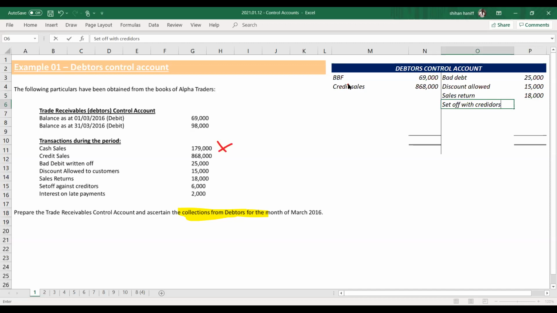When we set off with creditors, setting off debtors with creditors. So we are preparing the debtors control account.